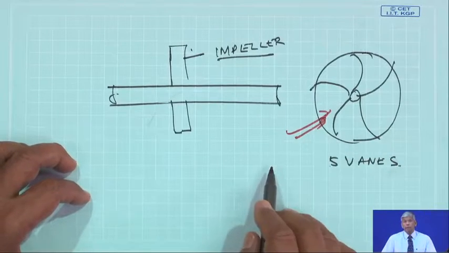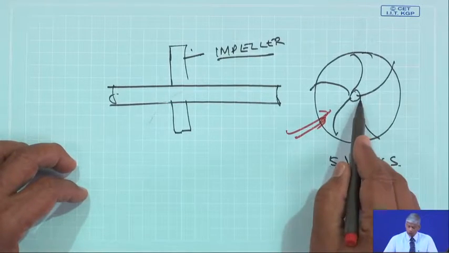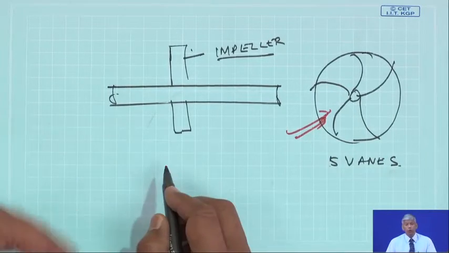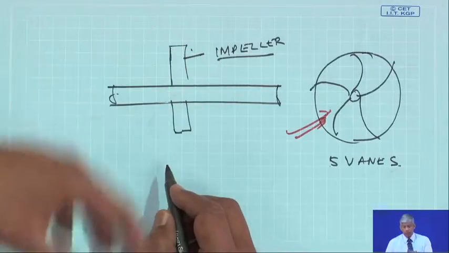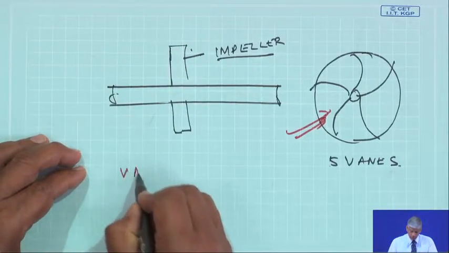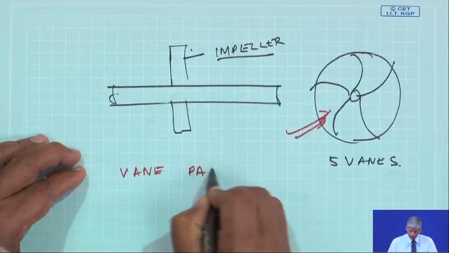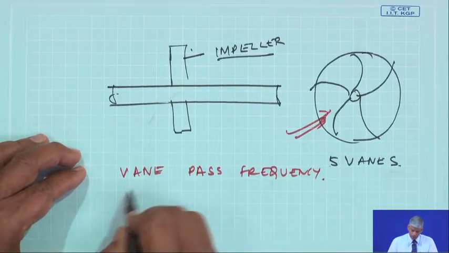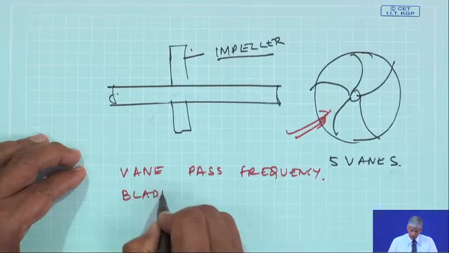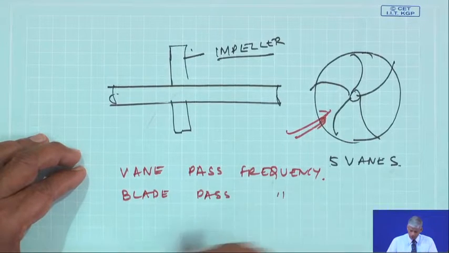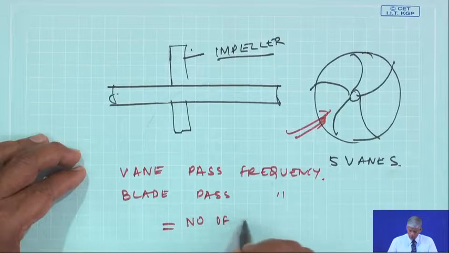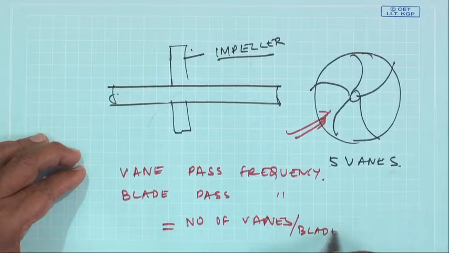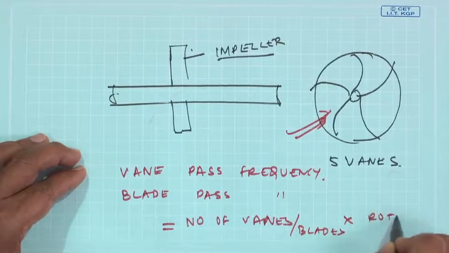Every time, in every rotation of the shaft, the fluid is getting obstructed 5 times. So, the fluid is getting chopped. If it was a blower with vanes, the air would have been chopped. This is what is known as the vane pass frequency or the blade pass frequency. This is nothing but the number of vanes or blades times the rotational speed.